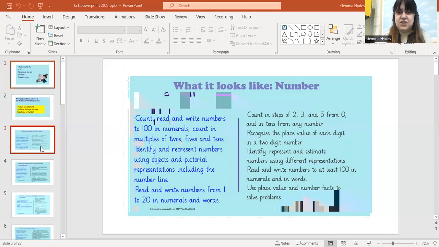They're counting in 2s, 5s and 10s. And in year 2, we build on that, but we're now reading and writing numbers to 100 in numerals and in words as well. And they're able to manipulate that number, so they can play with the number up to 100. And also they know the place value of a 2-digit number, so they understand the 1s and the 10s in a 2-digit number.